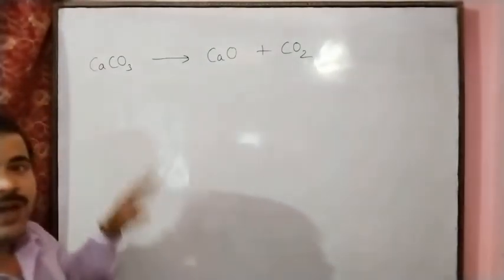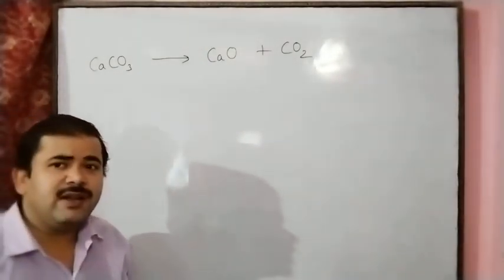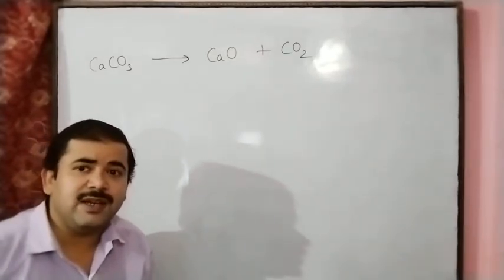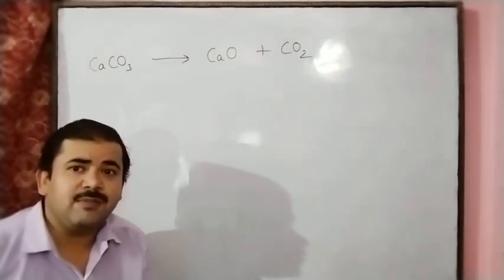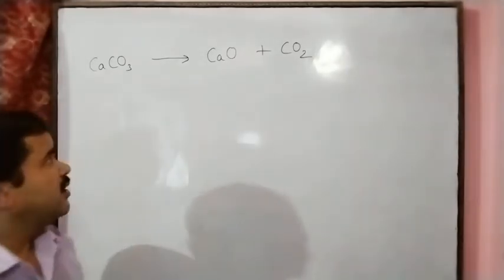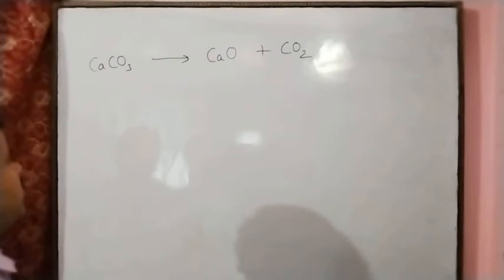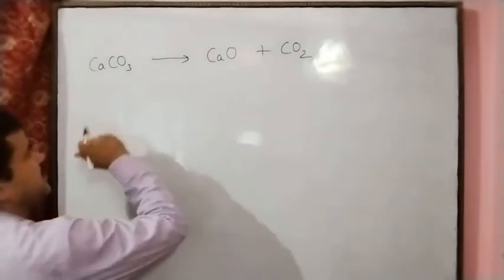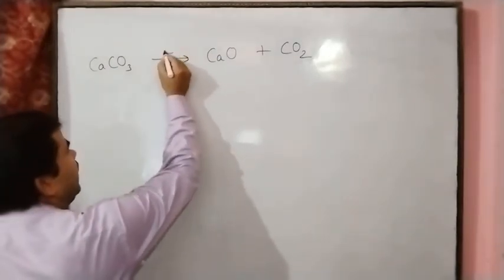So this is the example of a decomposition reaction, and here is the definition: one substance decomposes into two or more simpler substances. In a decomposition reaction, heat energy may be required.